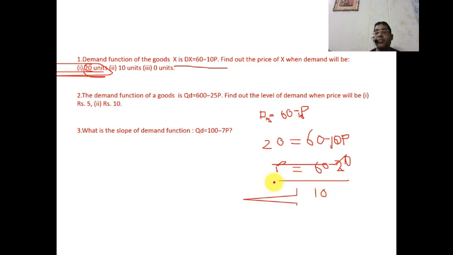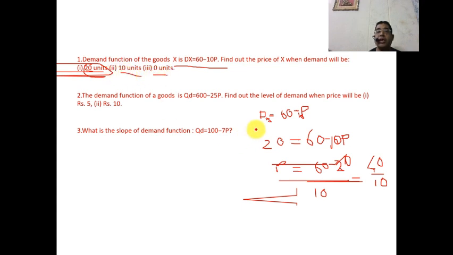So 60 minus 20 is 40, and 40 divided by 10 is equal to 4. So the price is 4 for 20 units.